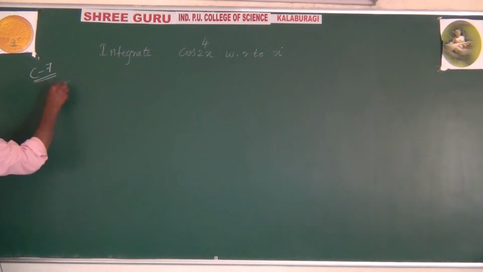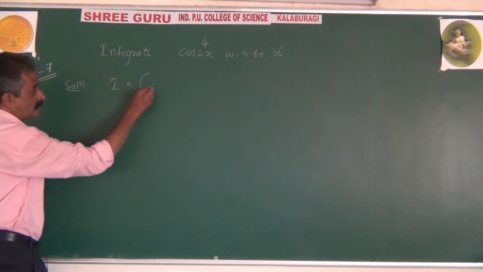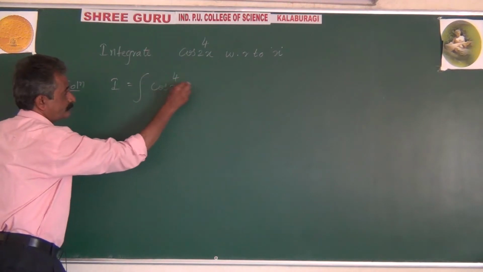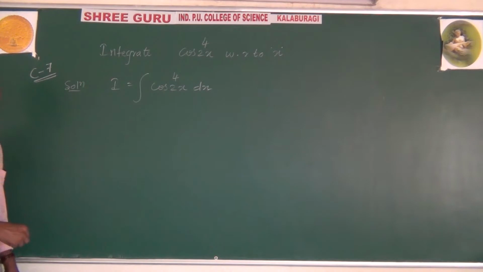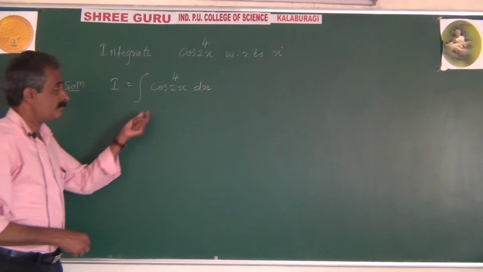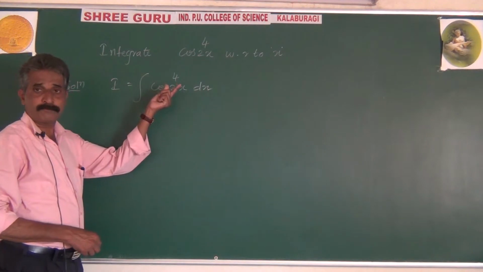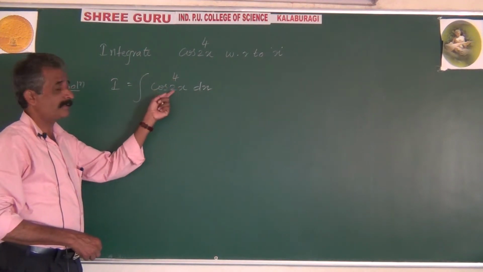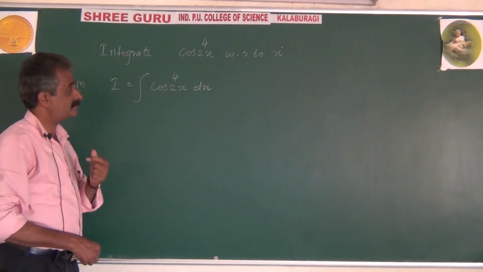So we begin from the notation I. Let I equal the integration of cos 2x to the power of 4. We don't have a direct formula for this expression because of power 4, and also you can't imagine 2 into 4 as 8, that is impossible, meaningless.